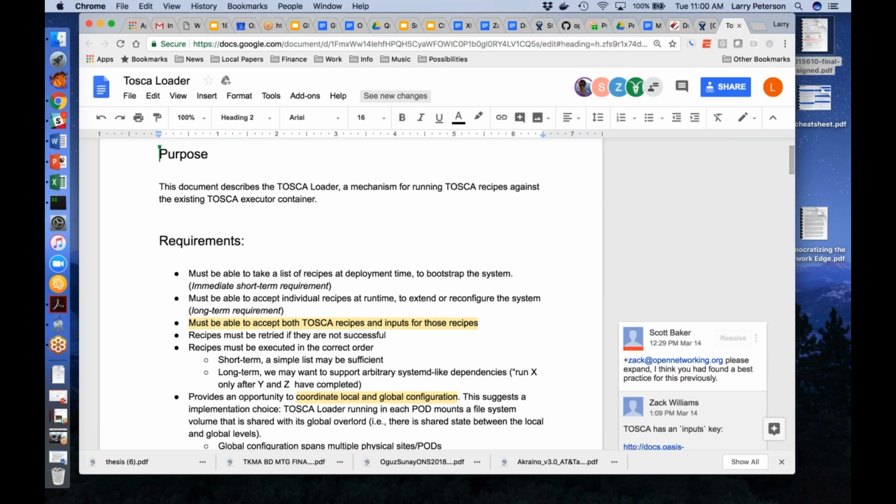I can go read every single bit of Tosca that's there, and I can change it. And that is the golden state that will get re-executed if I ever ask it to.